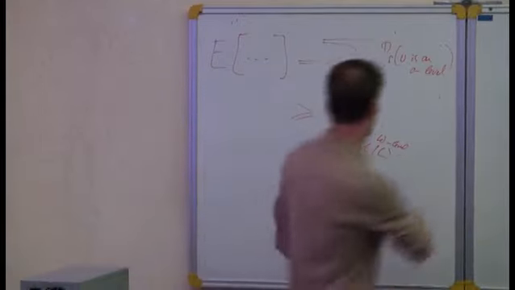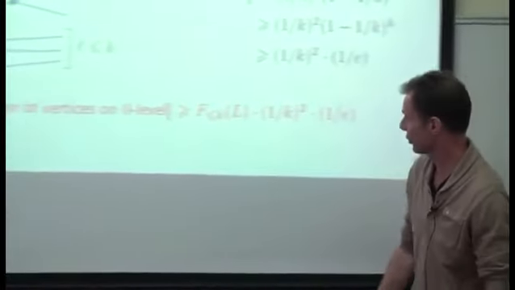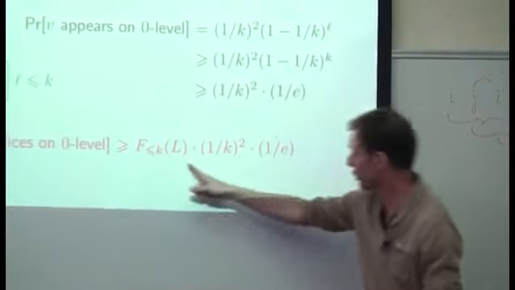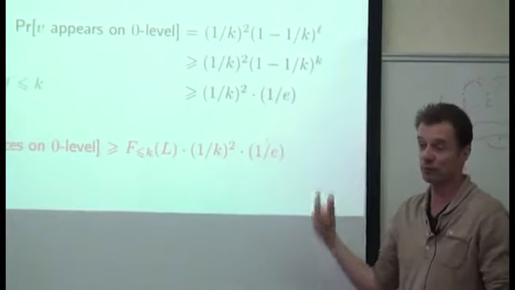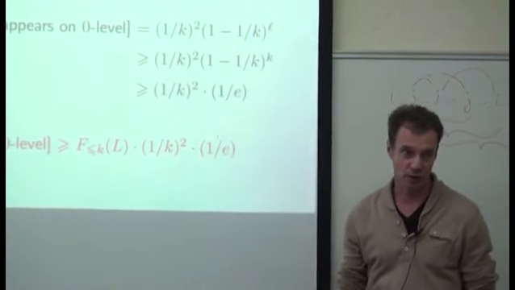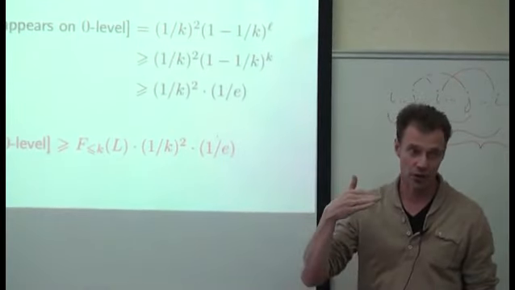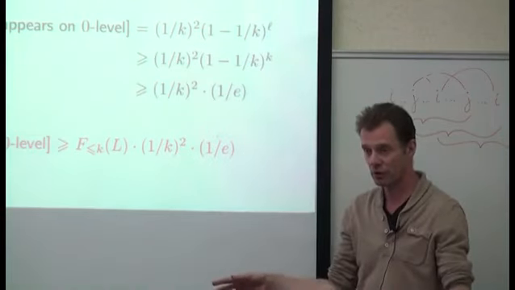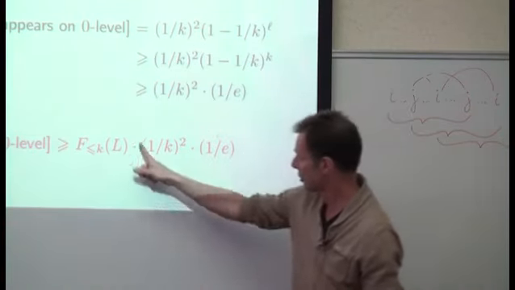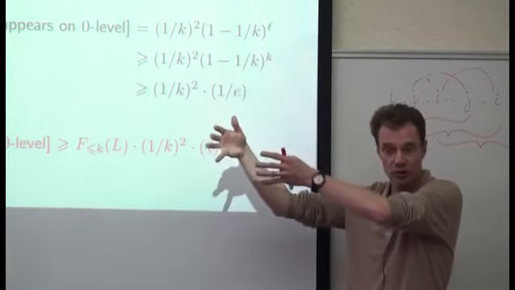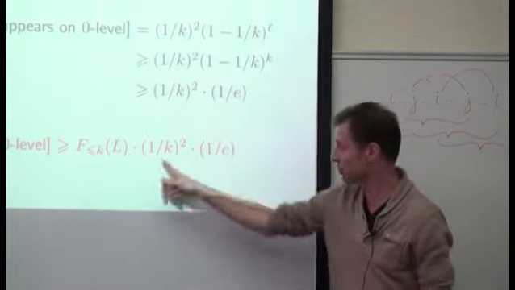And here, this quantity is simply, well, at least, the number of things there times this probability. Okay, so the expected number of vertices at the 0 level in the sample is at least the number of vertices in the original set that were at the at most k level times this probability.